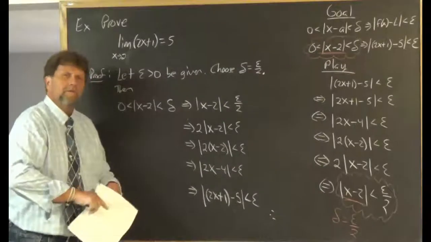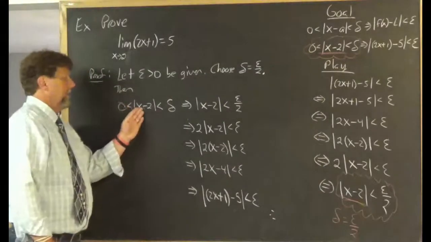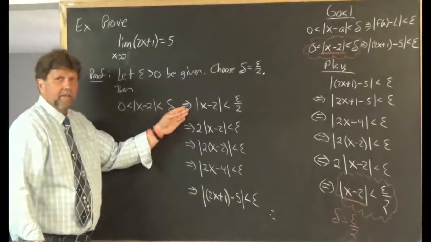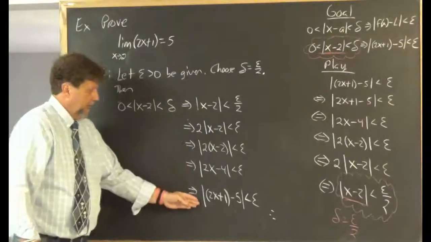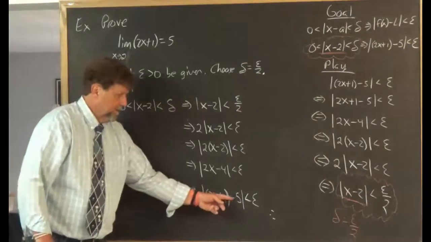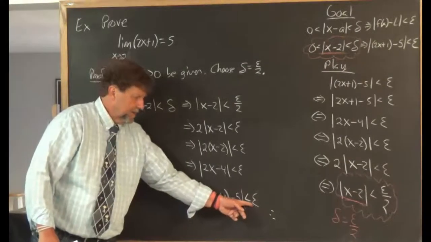You have shown that absolute value of x minus 2 less than delta implies absolute value of f of x minus L is less than epsilon.